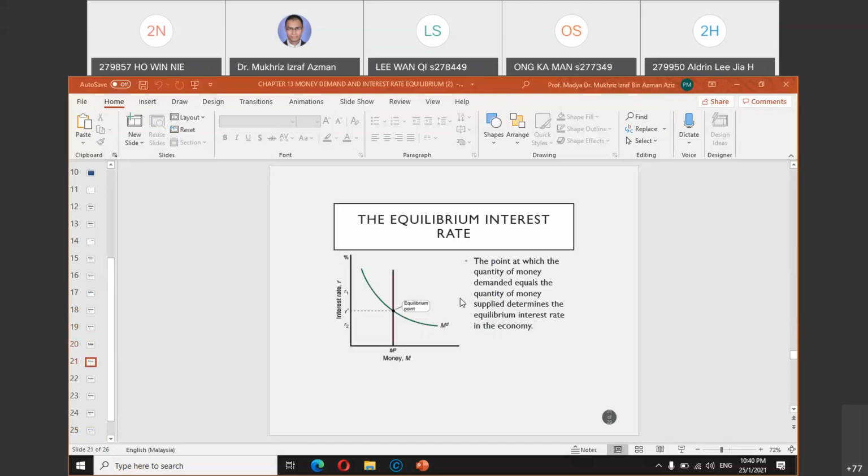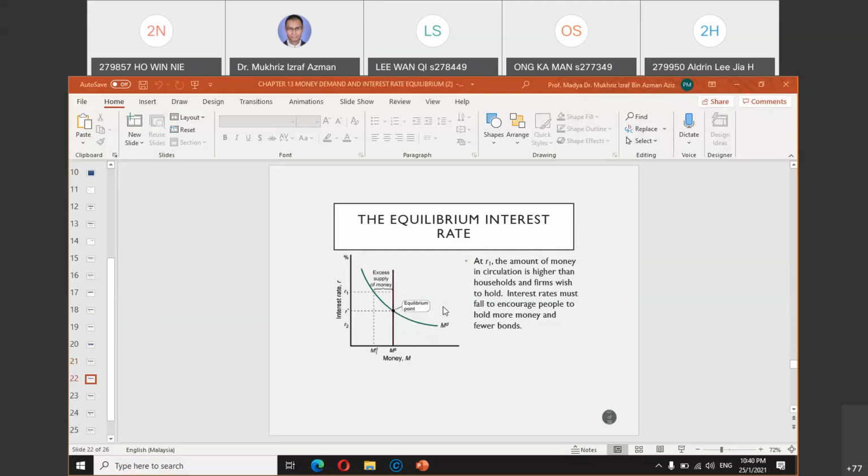And then the concept of vertical money supply. Why is money supply vertical? Because it is independent. Money supply does not change whenever interest rate changes, because the quantity is fixed. So equilibrium is where the two graphs intersect, and you need to understand those concepts.